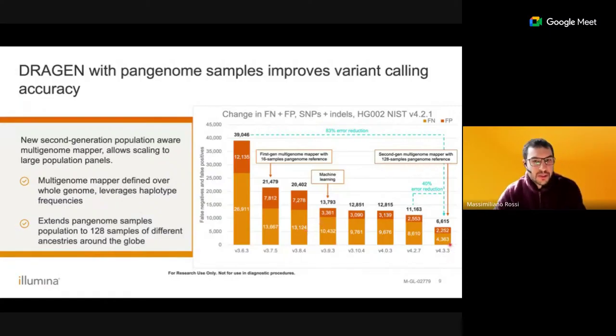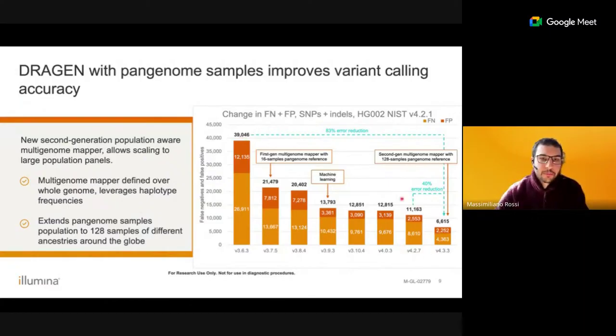The last major improvement is the second generation multi-genome mapper with the 128 sample pangenome reference, which delivered another 40% error reduction compared to the 32 sample pangenome reference and first generation multi-genome mapper.